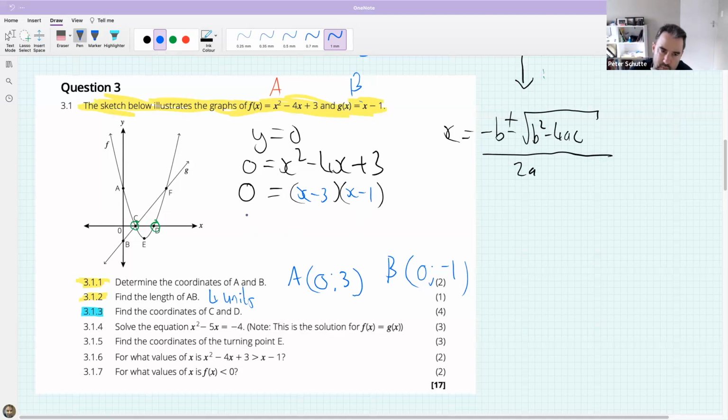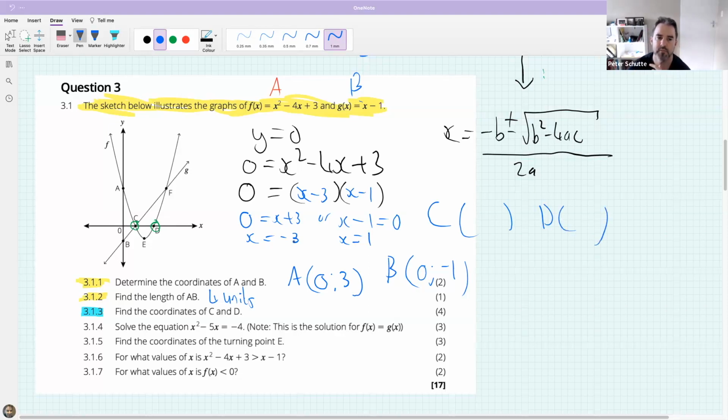So that strikes me that, what is C going to be and what is D going to be? There's still some work to be done here. My x values are -3 and 1, but what is C going to be? What is D going to be? I need to make a decision, and I need to fill in some extra information here.